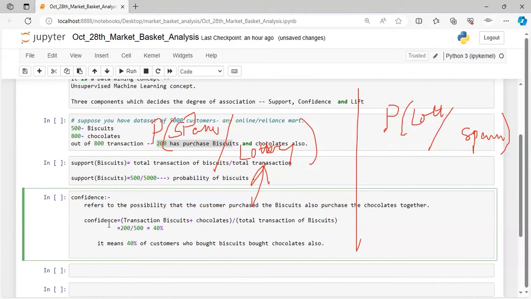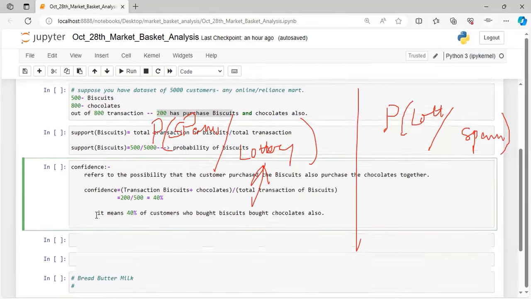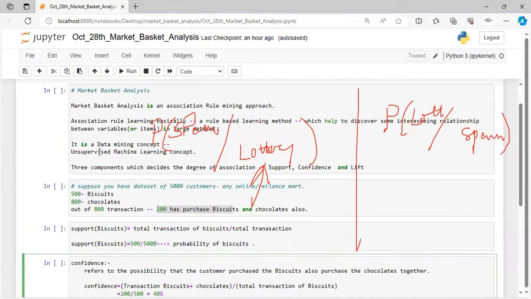So this is the confidence. We calculated the confidence. So support, confidence, and what is the other term? Lift.